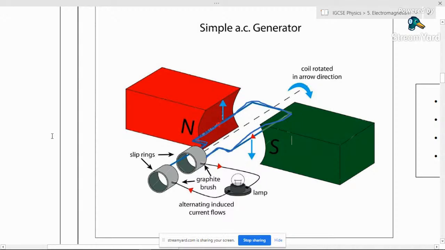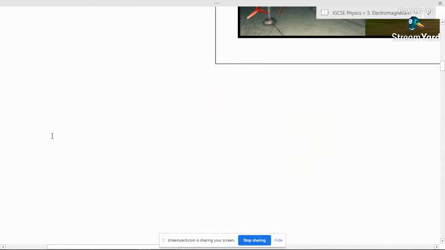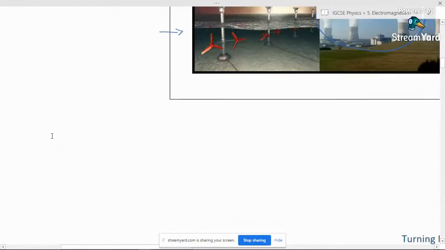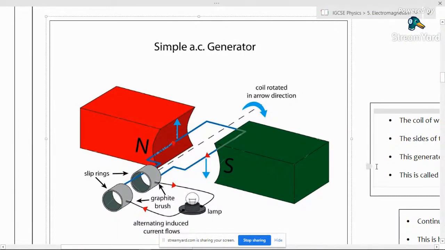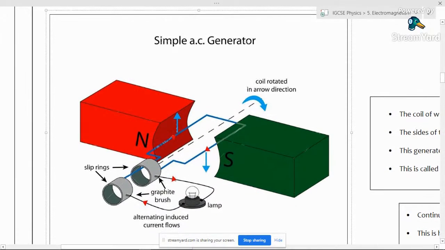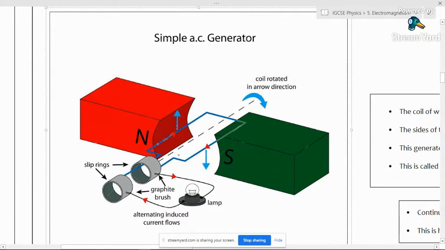Here we can see that our coil is made up of only a single turn. Normally we'd have hundreds of turns of wire, but here we just see a single turn. Just to point out a few things about this simple AC generator, you notice we have our coil of wire, which is somehow going to have to spin.